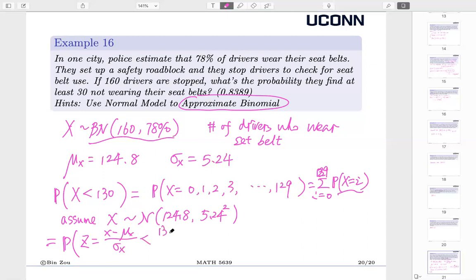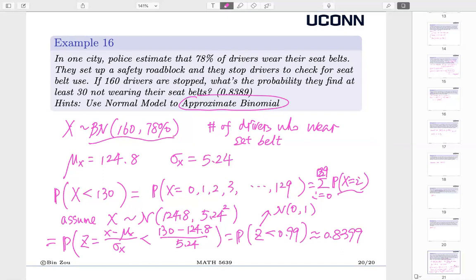So now it will be 130 minus 124.8 divided by 5.24. Okay, so that is z less than about 0.99. So z is a standard normal distribution with 0 mean, 1 variance. Okay, we have the table for all the results. So from here, you can check the table. It's about 0.8399. Okay, that is the end of this exercise.